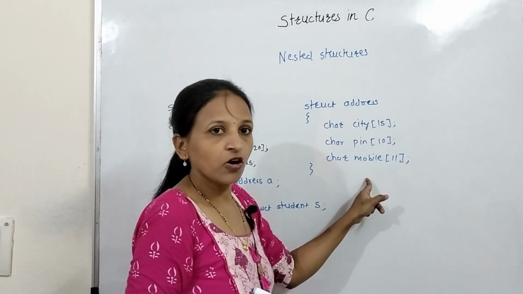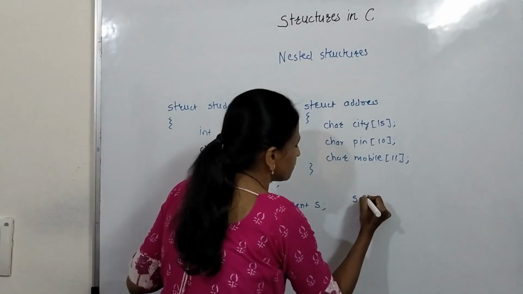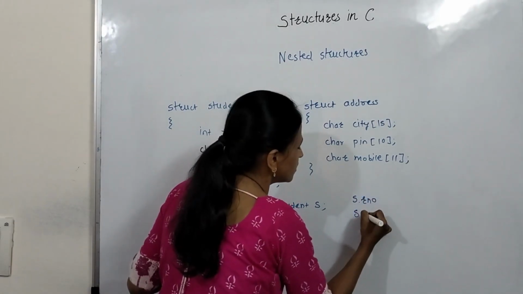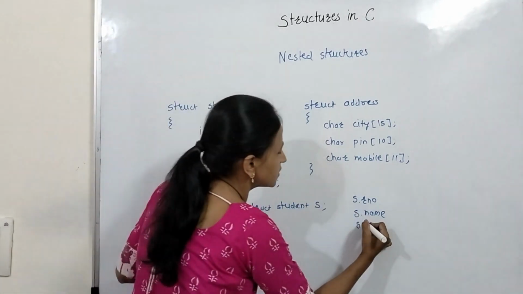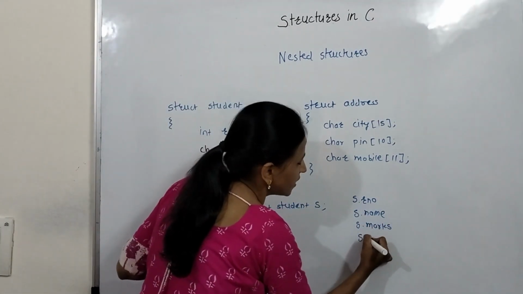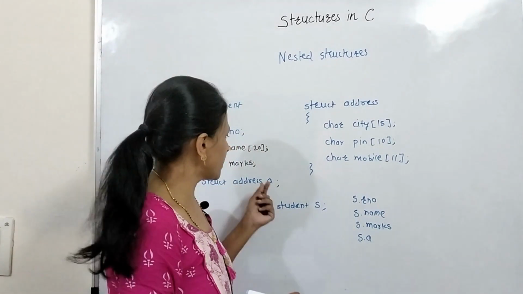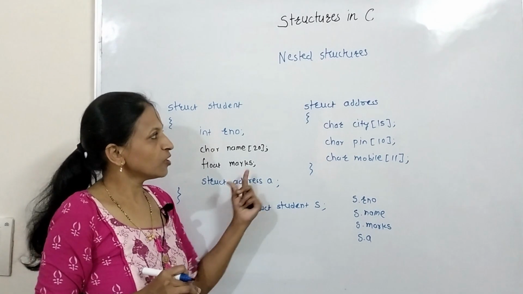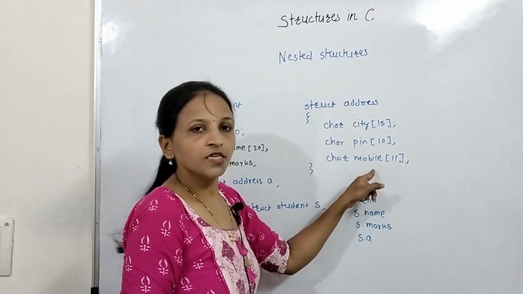That's why all the members are like this. The first one is s.rno, then s.name, then s.marks, then s.a is not having its individual existence, because A is nothing but a variable of this type.